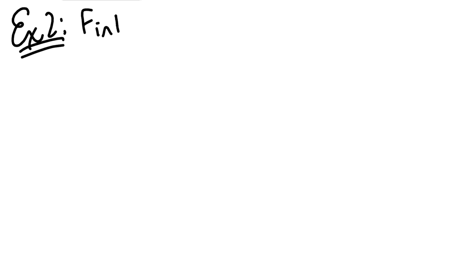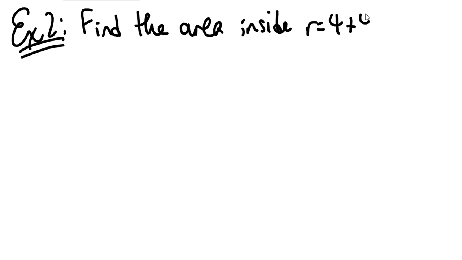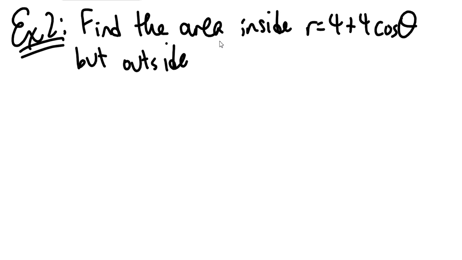One other, just to mess with us a little bit. Find the area inside r equals 4 plus 4 cosine theta, but outside r equals 6.